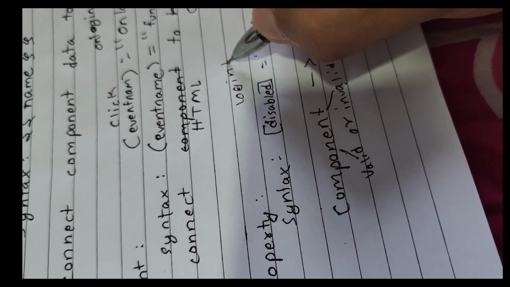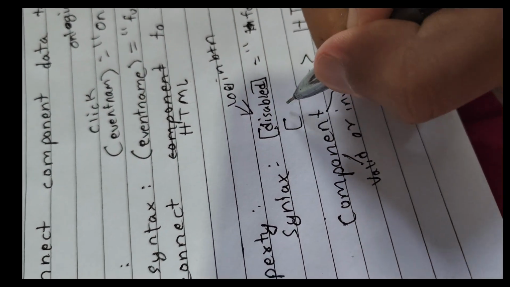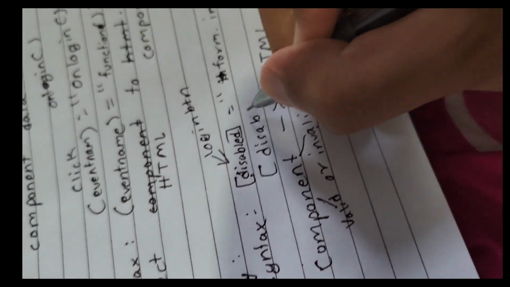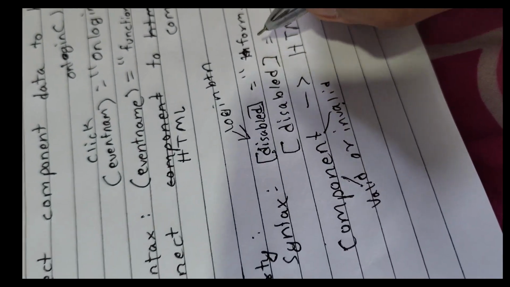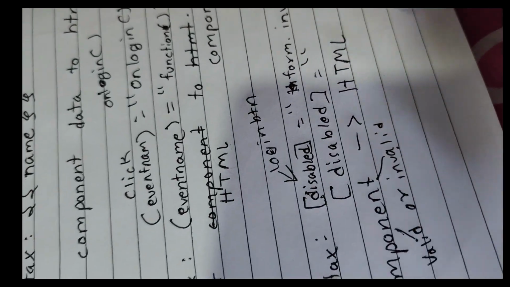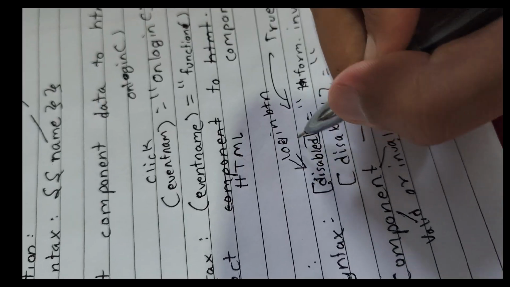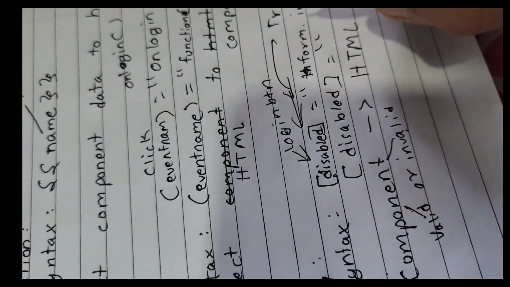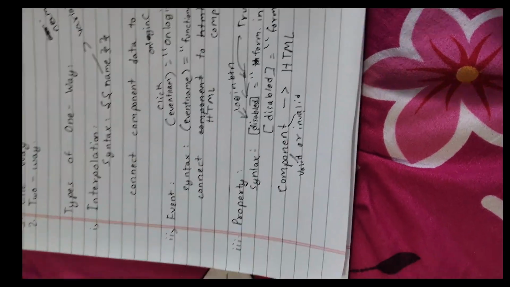So I pass disabled, and it is equal to a condition that, when true, gets applied, like form.invalid. This is property binding.